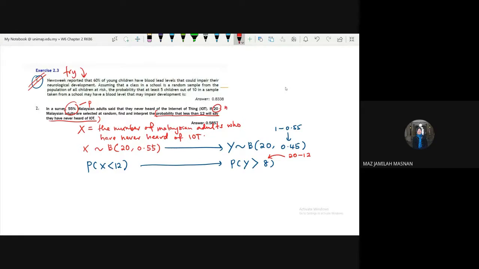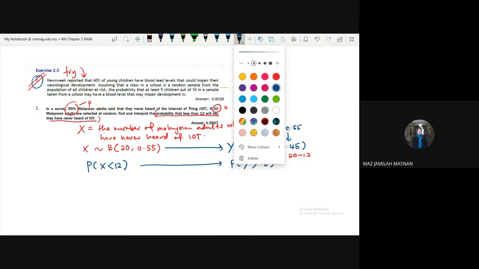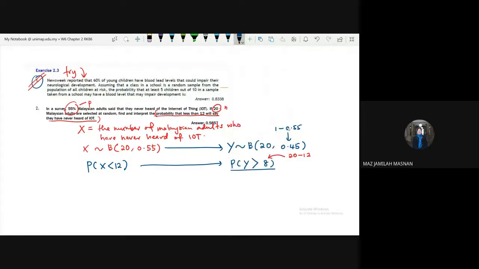Now as usual, from this it will be easy. I have understood how we can solve this. We have from 0 until 20. We are talking about greater than 8, so 8 is not included. The next to 8 is 9, so 9 will be included.